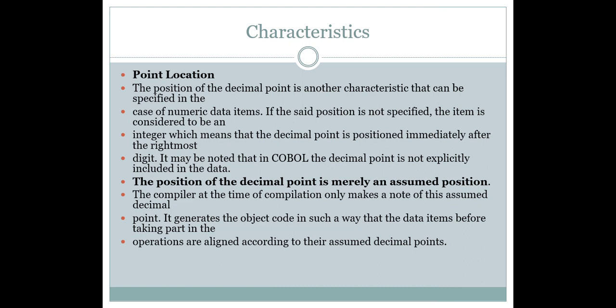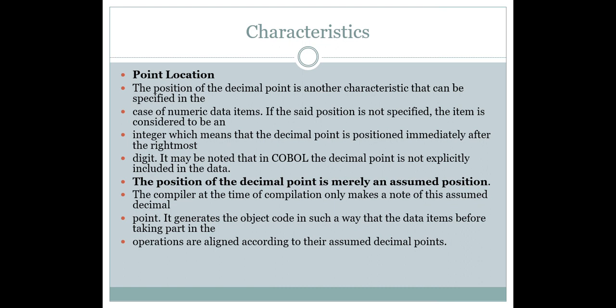If the point position is not specified, the item is considered an integer; otherwise it will be considered as decimal values. The decimal point is positioned immediately after the rightmost digit, and the storage place for these decimal places will not be included separately along with your data names.